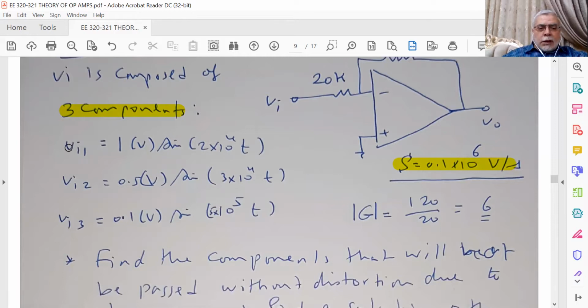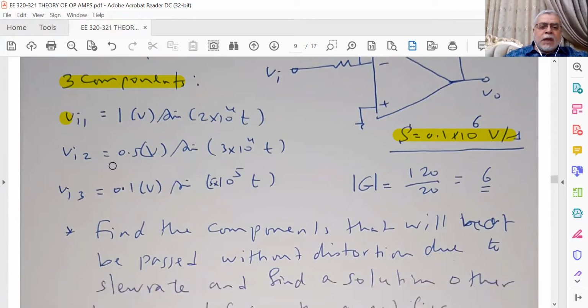The components are Vi1 equals 1 volt sine 2 10 to 4 t, so omega 1 equals 2 10 to 4 radian per second, or 20 kilo radian per second. Vi2 equals 0.5 volt sine 3 10 to 4 t.